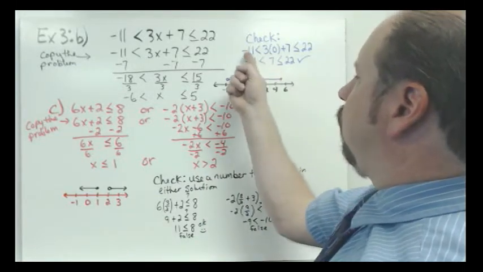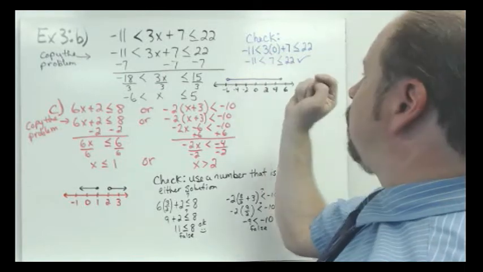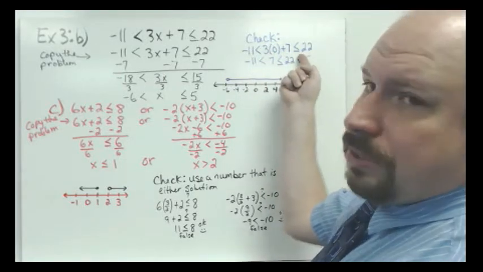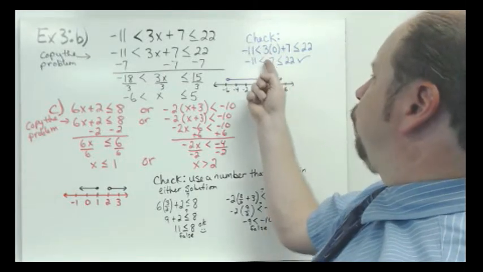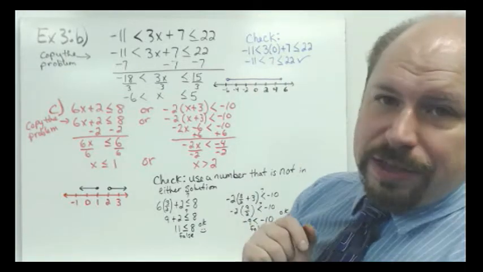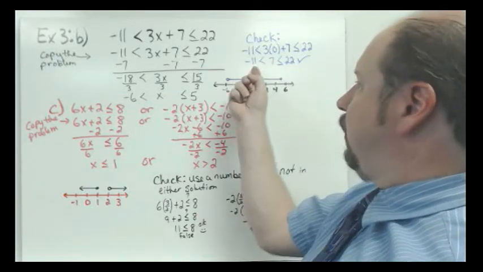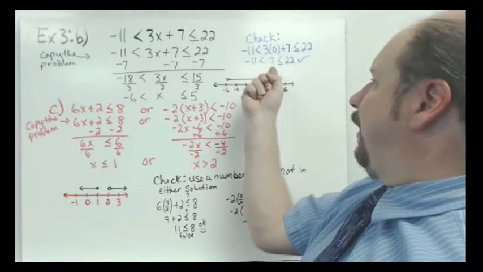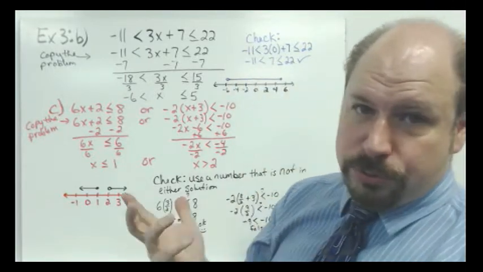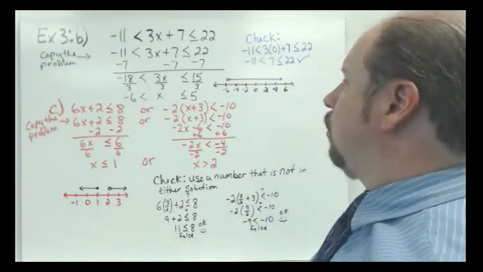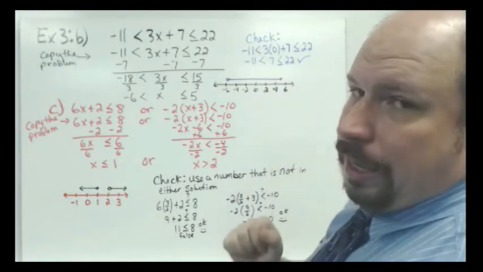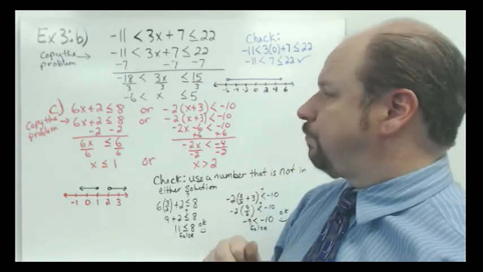If we put in here -11 is less than 3 times 0 plus 7 is less than or equal to 22. So if we just calculate in the middle, we get 7, and 7 is a number between -11 and 22, so it does work for our solution. So we have graphed the correct area here.